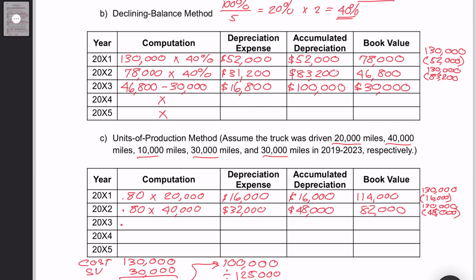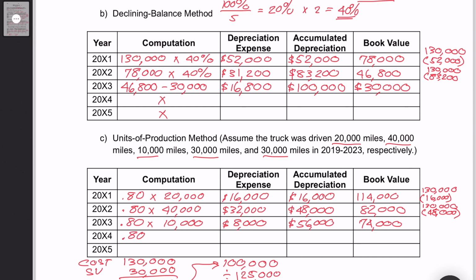Moving on to year 3, we're sticking with those 80 cents multiplied by 10,000 miles in year 3 is going to give us a depreciation expense of only $8,000. We add that to the prior year's accumulated depreciation, and we end up with $56,000 of accumulated depreciation. We follow the same process to determine book value, and we will end up with $74,000 for book value.